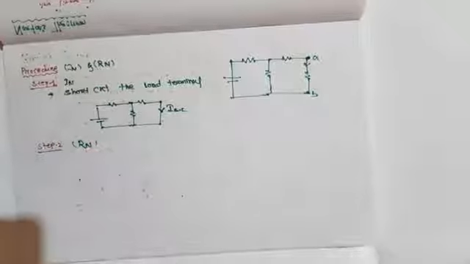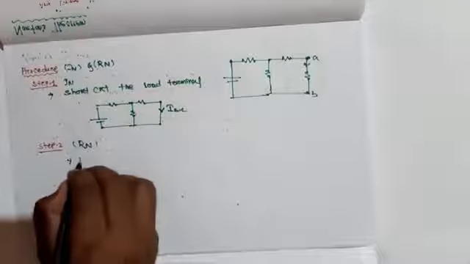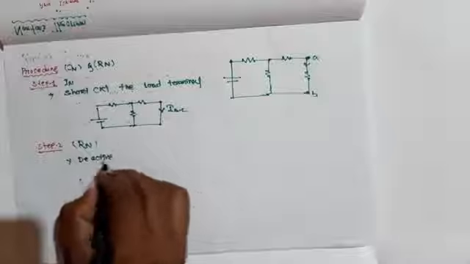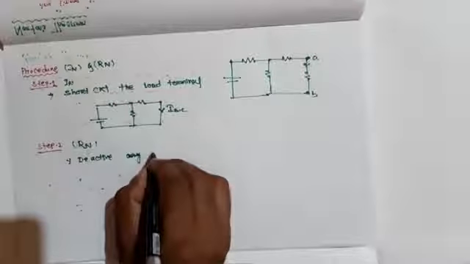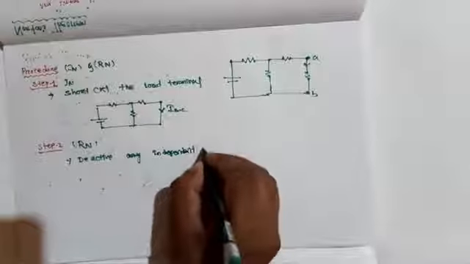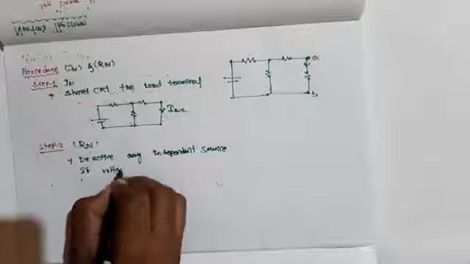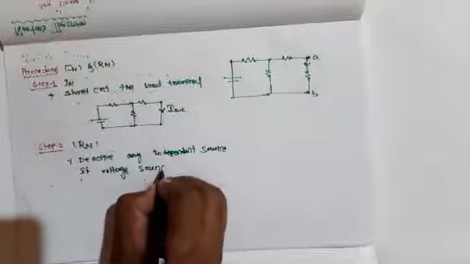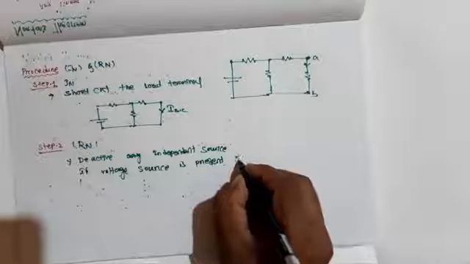Finding the Norton equivalent resistance is similar to finding the Thevenin's equivalent resistance. The simple step is to deactivate only independent sources. If a voltage source is present, then short circuit.